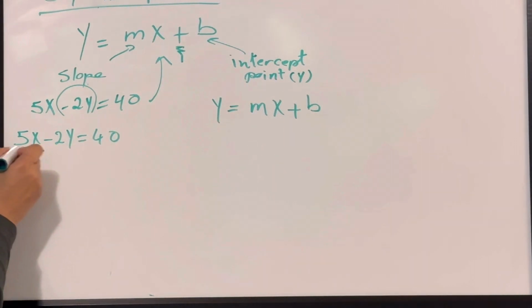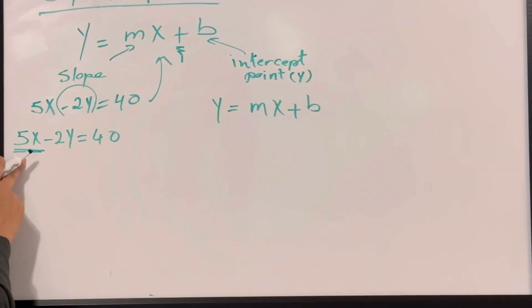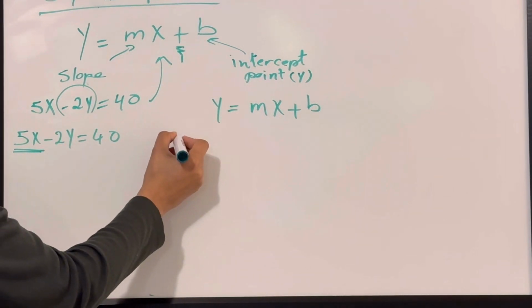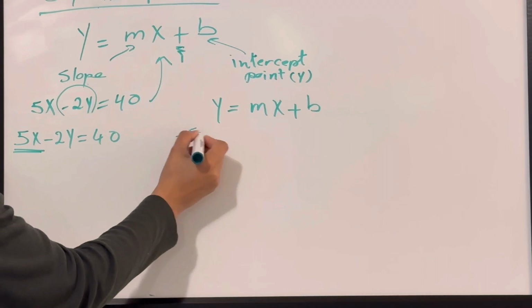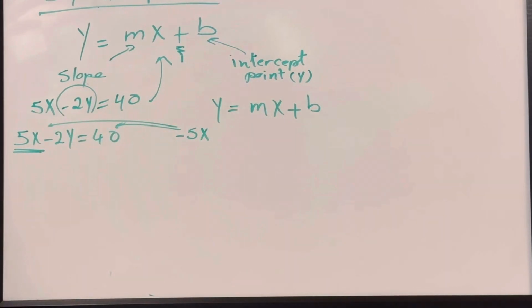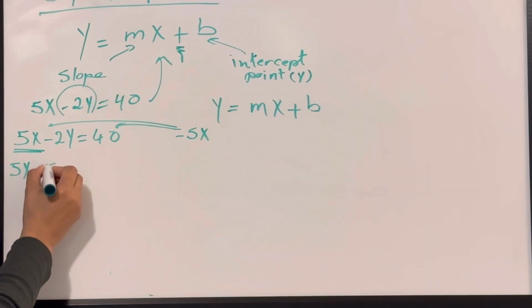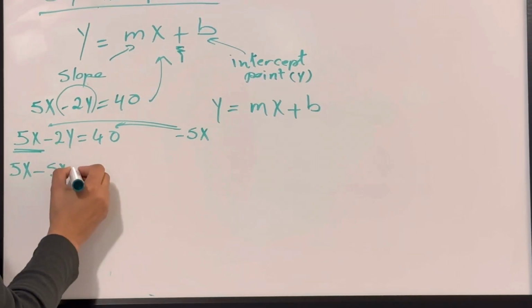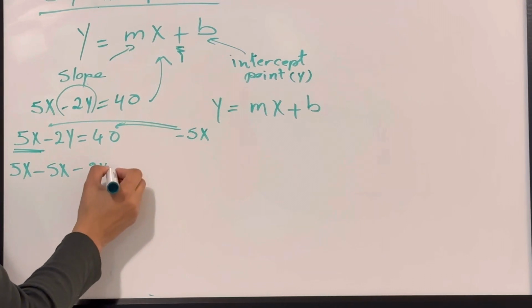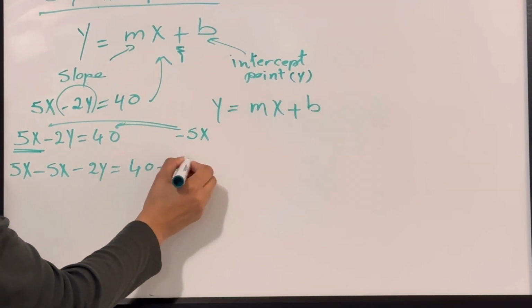First, I want to transfer this to the other side. I can do that if I'm going to subtract 5x on both sides of this equation. So here I'm going to subtract the 5x. So 5x minus 5x minus 2y equal 40 minus 5x.